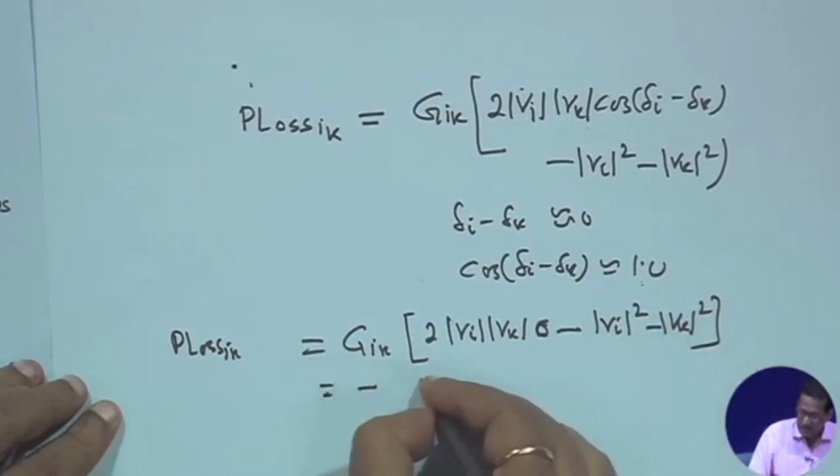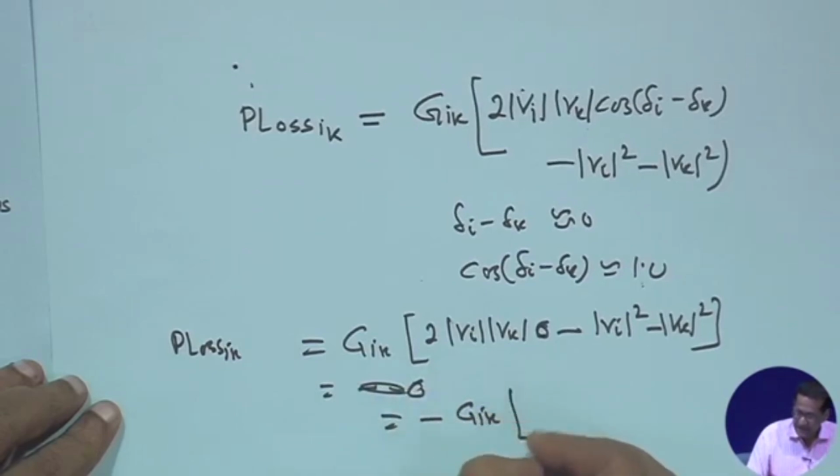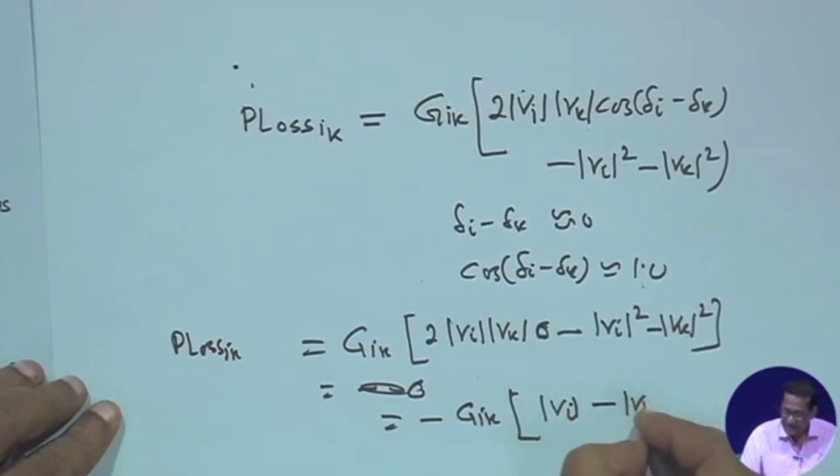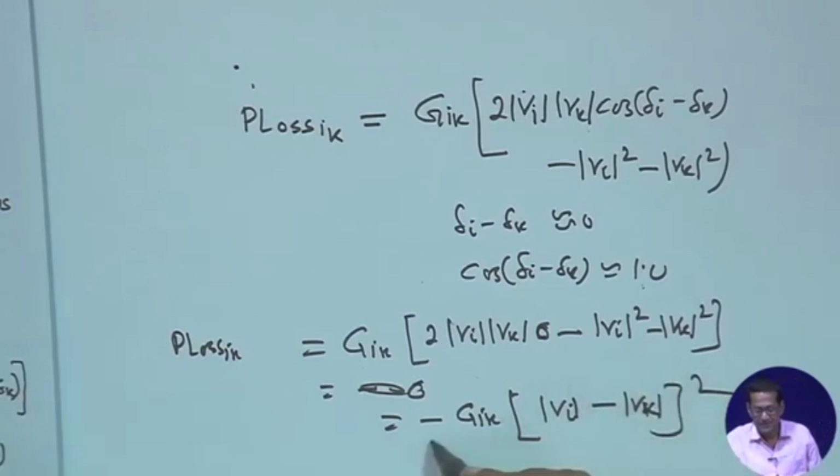This one you can write as minus G ik, magnitude Vi minus magnitude Vk whole square. This is minus minus, so take minus common.